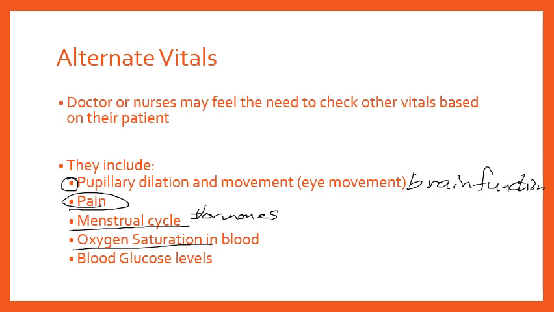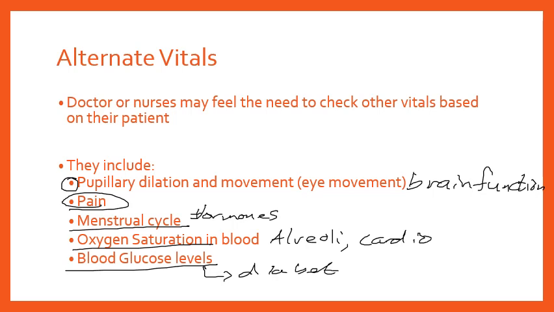Oxygen saturation could help you look at how well the alveoli or how well the cardiovascular system is working. And blood glucose levels tell you things like diabetes. They could tell you about metabolism. They could tell you all sorts of things. So those are other common vitals that people take.